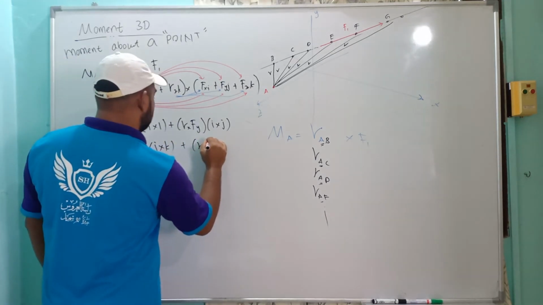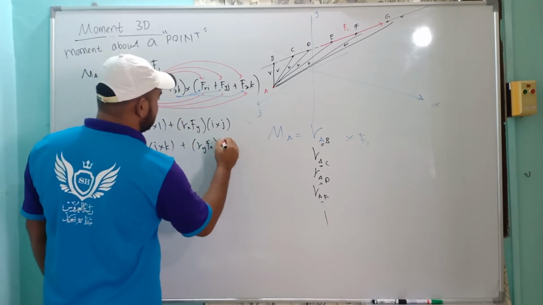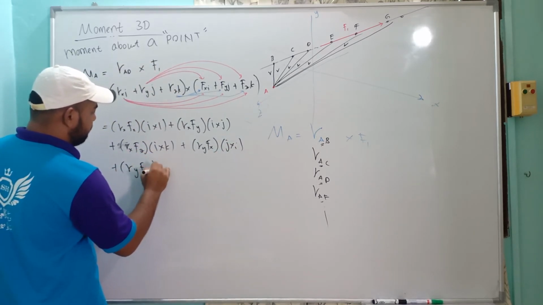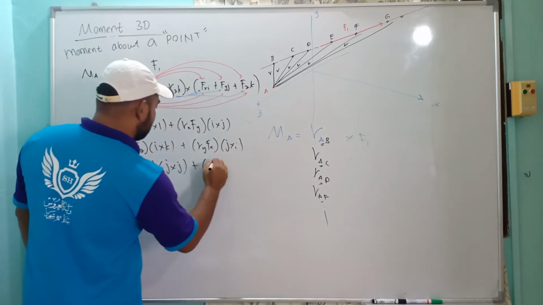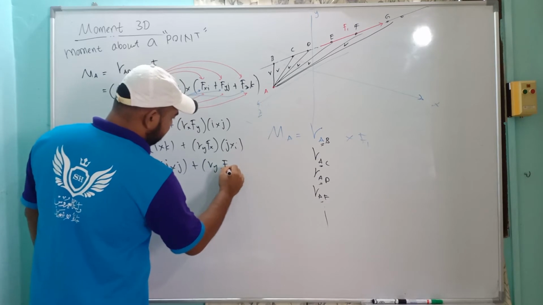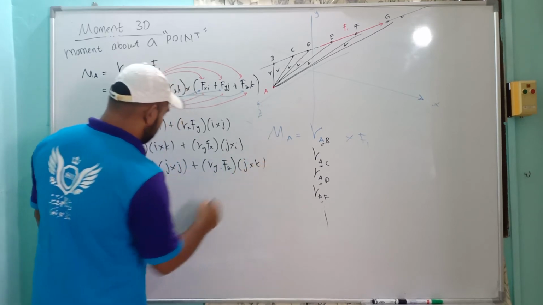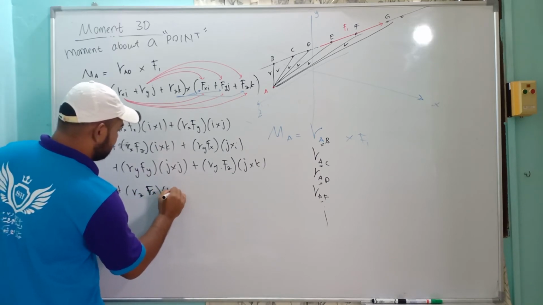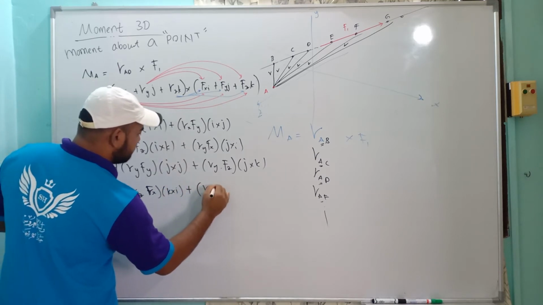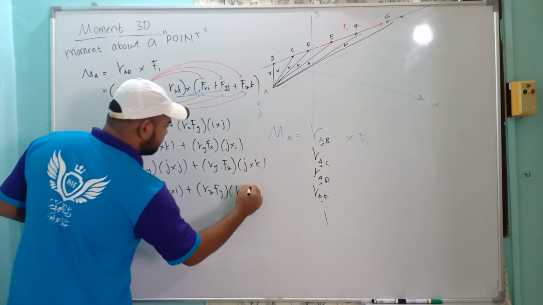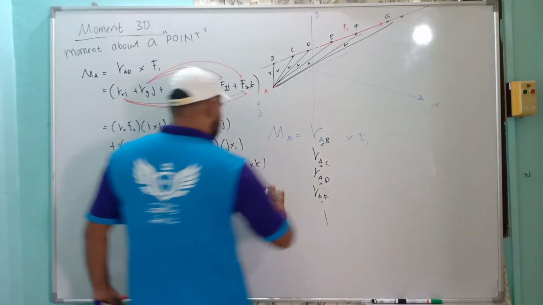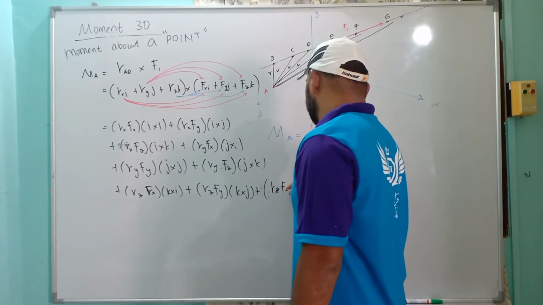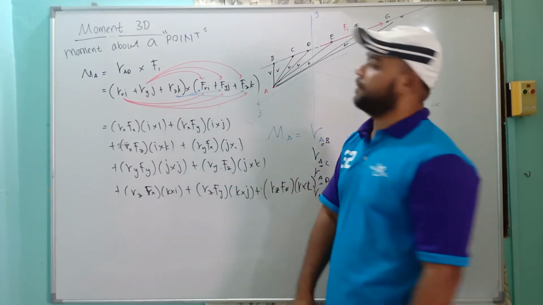So Ry Fx J cross I, plus Ry Fy J cross J, plus Ry Fz J cross K, plus Rz Fx K cross I, plus Rz Fy K cross J, plus the last one, Rz Fz K cross K.